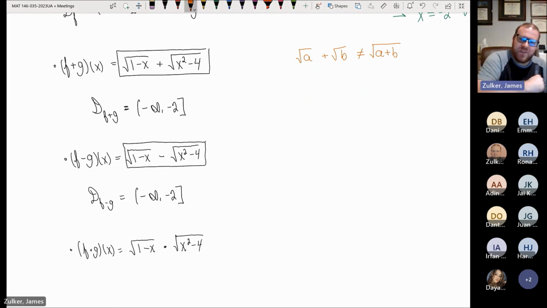Right? In other words, can we combine the product of square roots? So is the square root of a times the square root of b the same as the square root of a times b?